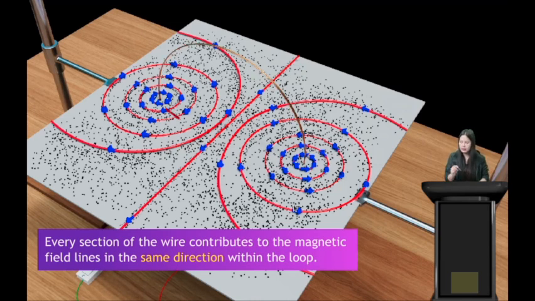But in this activity, we have considered only 2 points, that is point A and point B. But remember, every section of the wire contributes to the magnetic field lines in the same direction within the loop.